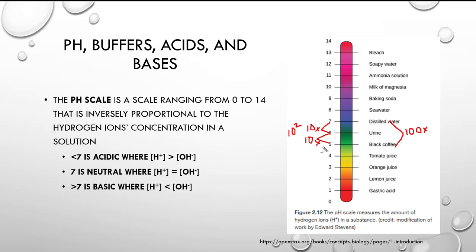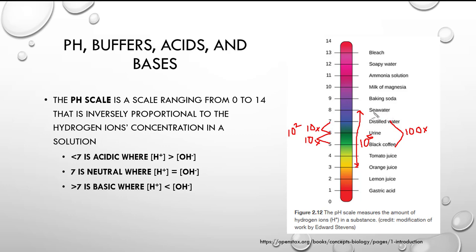All right, so if I go from orange juice to seawater, I'm going by a factor of 1, 2, 3, 4, 5. So orange juice has 10 to the 5th power more hydrogen ions than seawater.